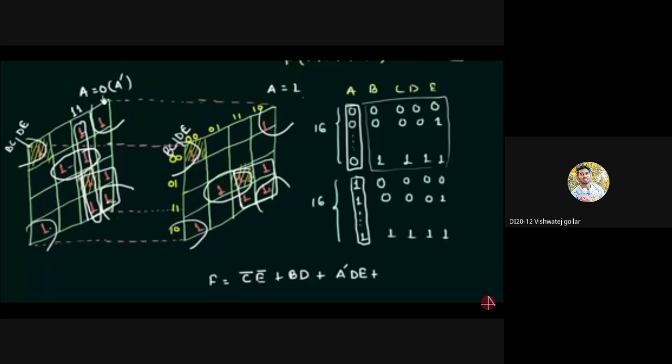So A is changing from 0 to 1, so we are not going to write A, and we can see that BC is 1 1 for this group, and D is 0 to 1, so we are not going to write D also, and E is 1. So this is your answer, and this is how we have to solve the 5 variable K map.